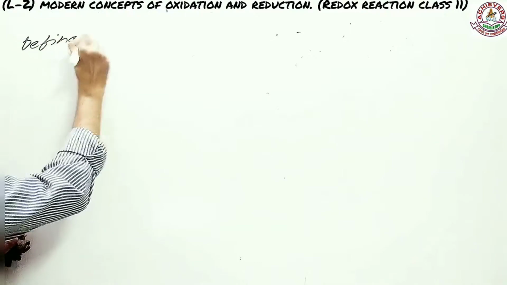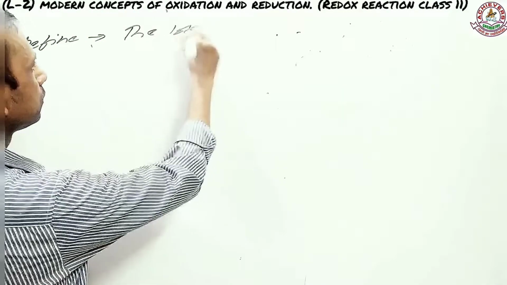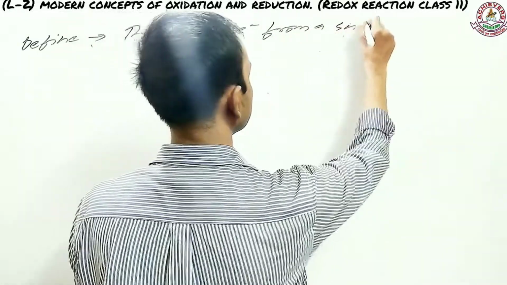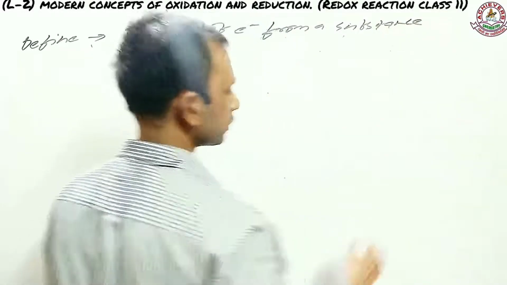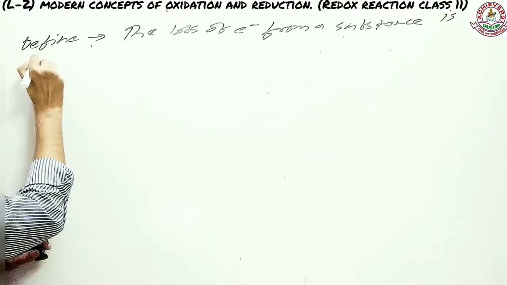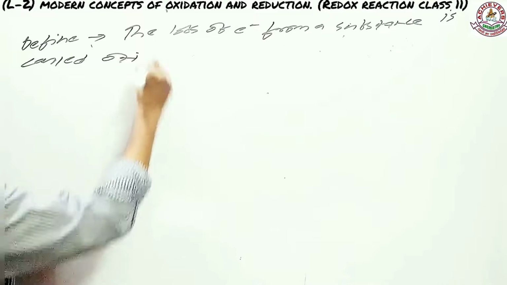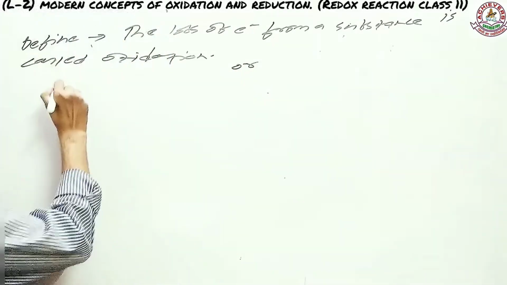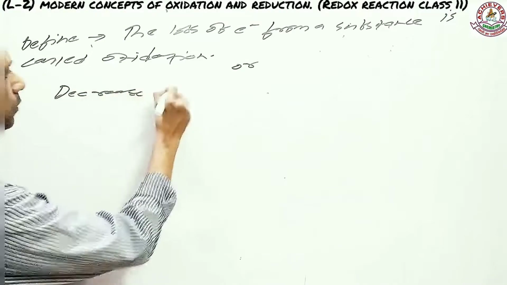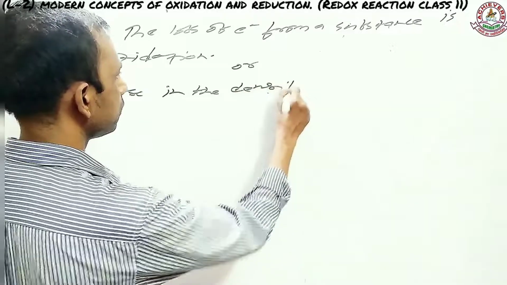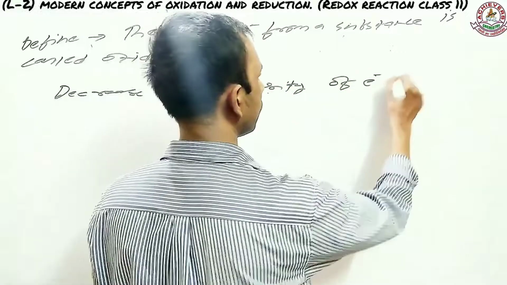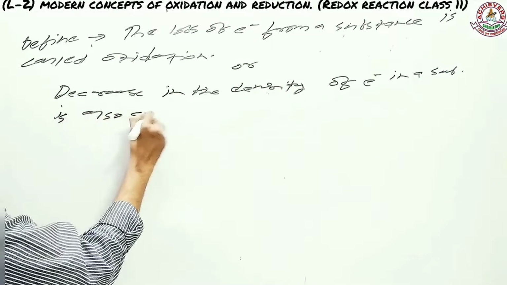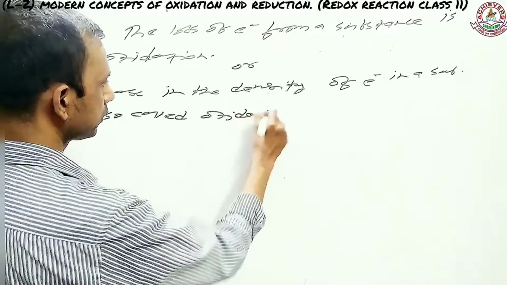So what I'm coming to, right, define the loss of electron from a substance is called oxidation, or decrease in the density of electron in a substance is also called oxidation.